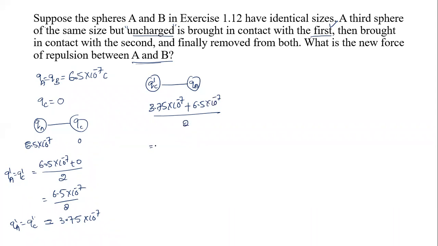So we need to add them now. 3.75 plus 6.5 becomes 10.25 × 10^-7 divided by 2. If you divide by 2, it becomes 5.125 × 10^-7 coulomb.